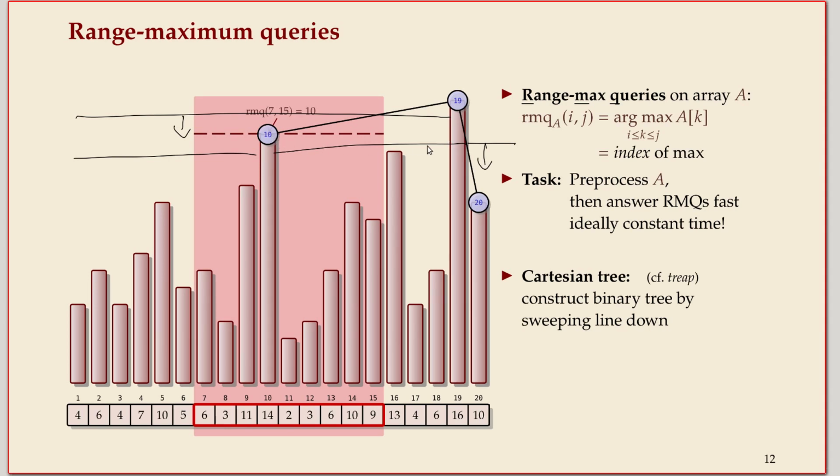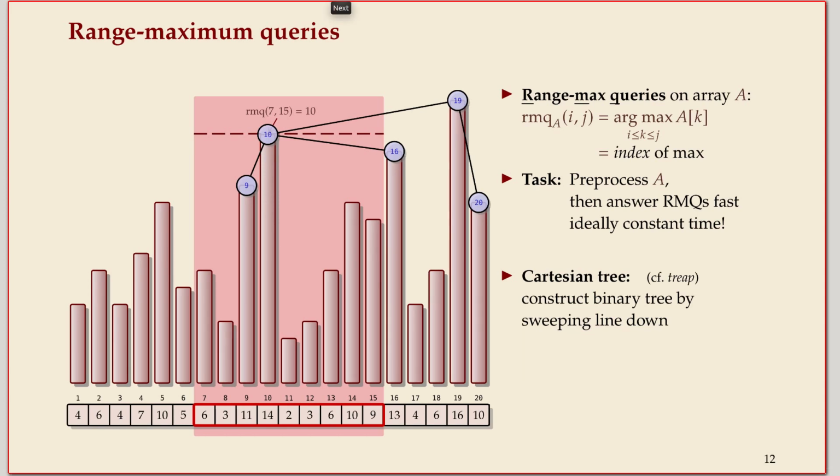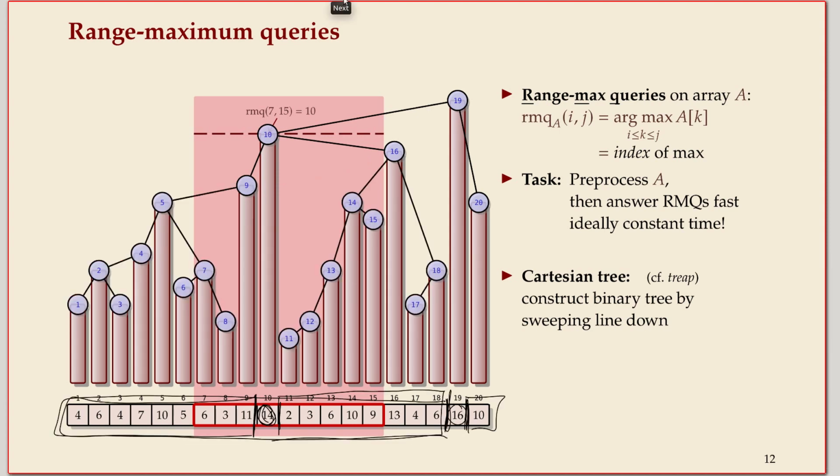This line now is the one that hits this bar, in the range between these two previous nodes that we've already seen. So in the next step, we find this as the next maximum, and this at the next maximum. If you keep building this tree like that, you get a tree.